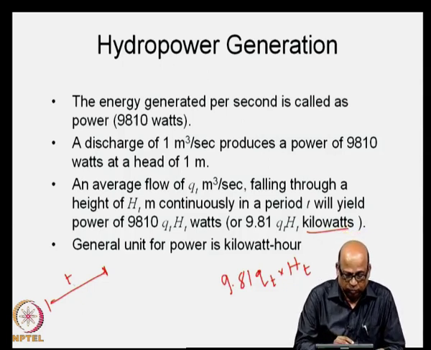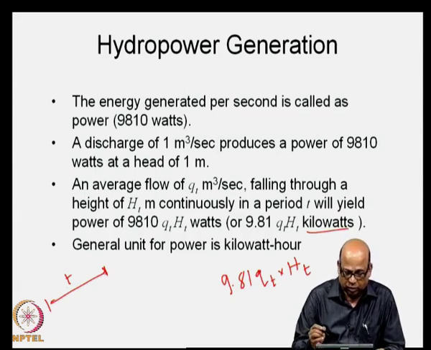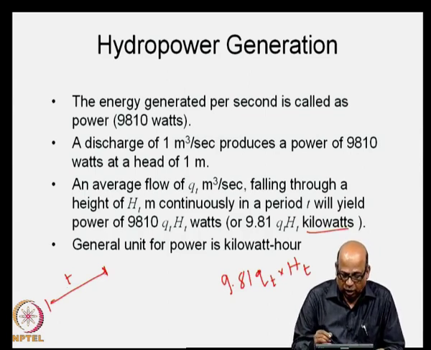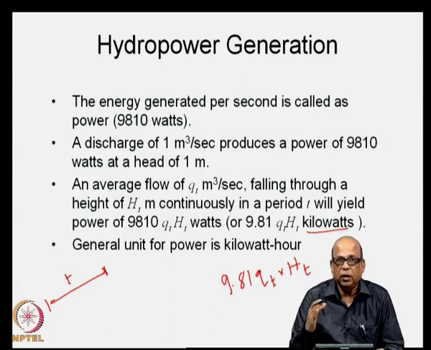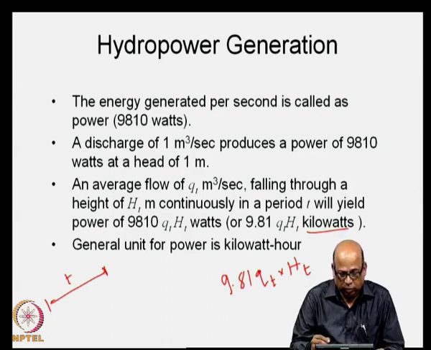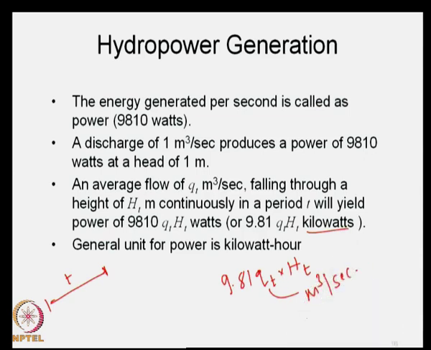We have to convert this into the number of hours that this time period T has, and also in most of the cases we are talking about the discharge in million cubic meters. This was in meter cube per second, but we will be talking about million cubic meters.